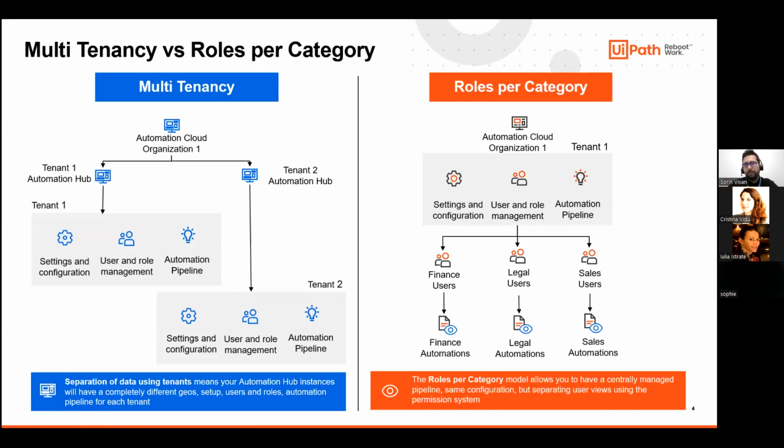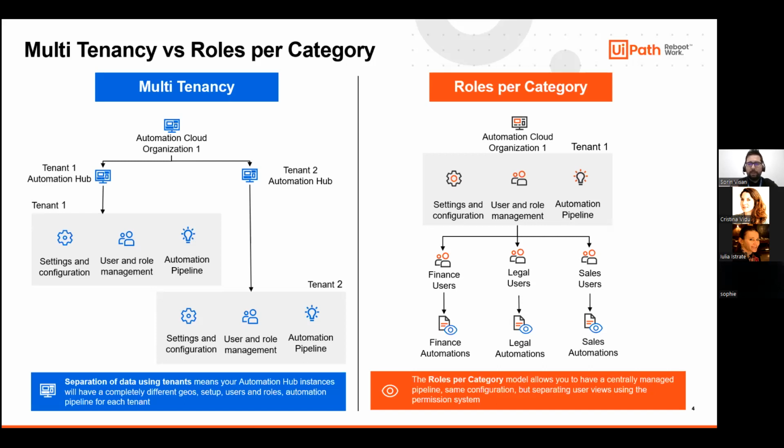Let's say you put it on your prod tenant, where you also have your Orchestrator cloud and Document Understanding and all other services. You put it on that tenant because you will use only one single instance of Automation Hub. You'll have one set of settings and configuration, one set of users, and one automation pipeline that you can manage.